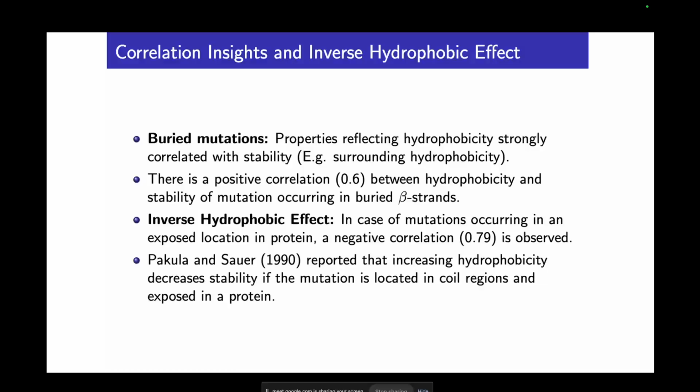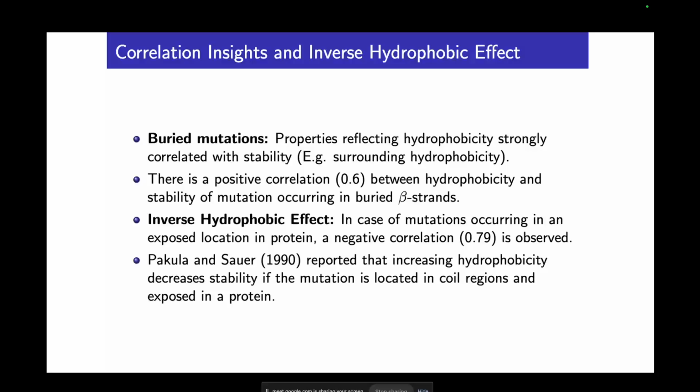These types of mutations, the hydrophobic and the varied mutations we discussed, are very important because if you talk about stability, these are the ones that give the most stability. They are the most strongly correlated with stability. There's a positive correlation between the hydrophobicity and stability of the mutation occurring in the buried beta strands.